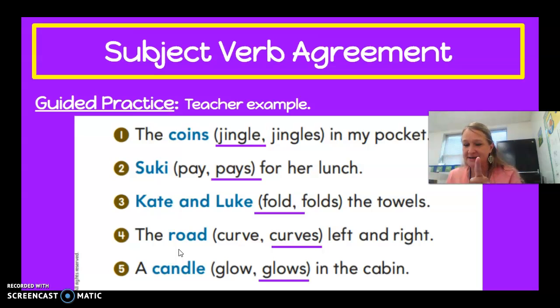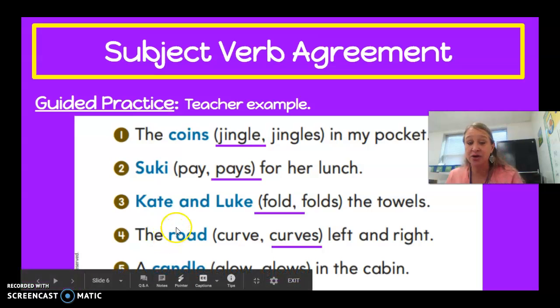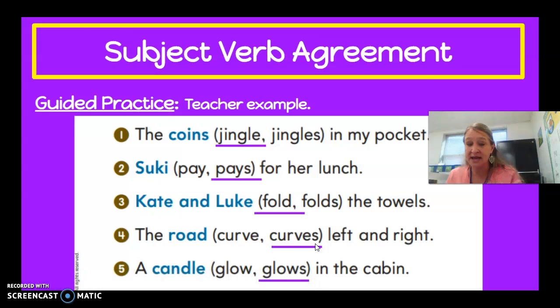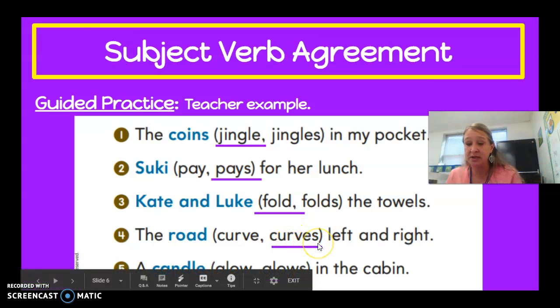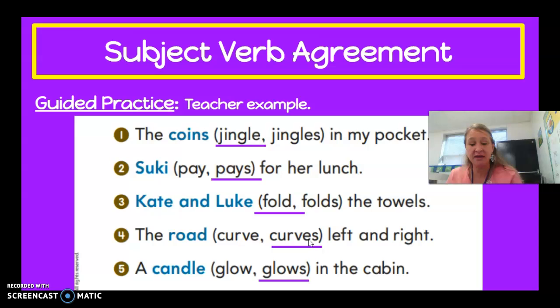An S. So if it's singular, I know that I need to put an S at the end of my verb. Because singular starts with an S, and my verb needs to end with an S. Okay? So singular, add an S. They both begin with S. Okay? That help you? It helped me.